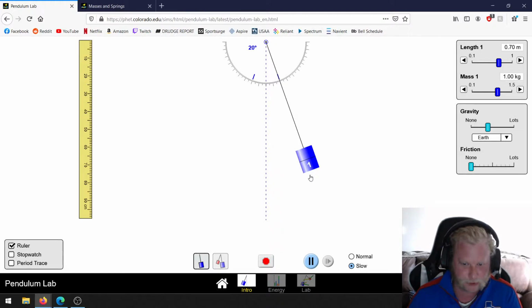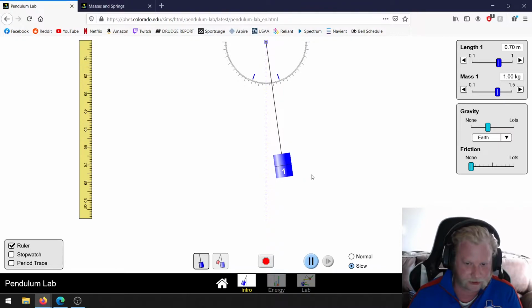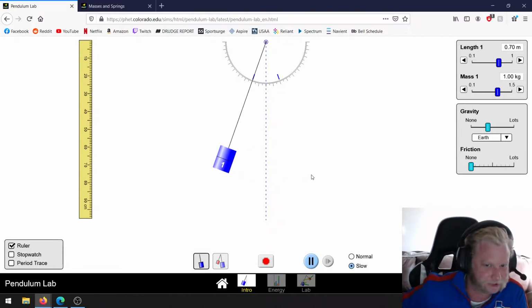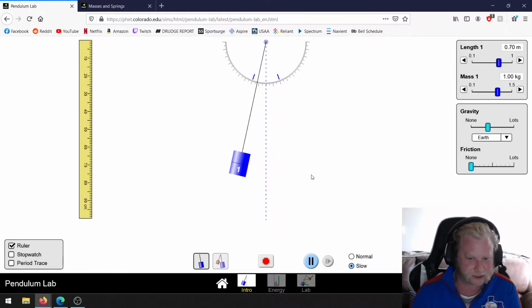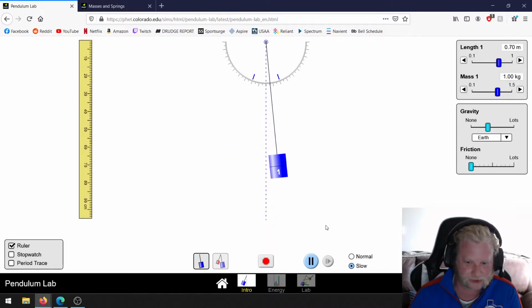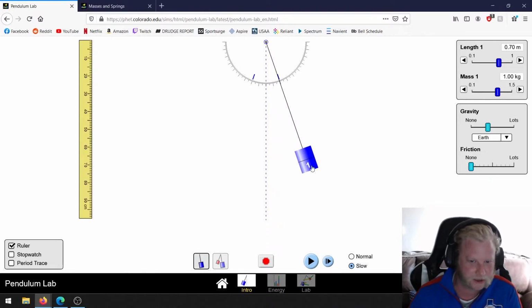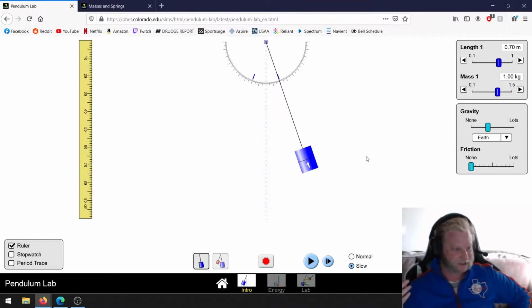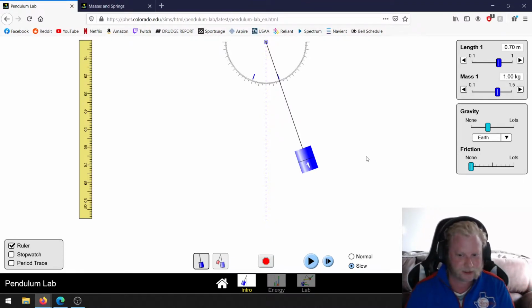So the period would be how long it takes for that pendulum to go through equilibrium, reach its maximum negative amplitude, and then return all the way back to where it started. So that would have been one period, however much time it took for it to go through equilibrium here and then return. So if that took, let's say, 2 seconds, your period is 2 seconds.